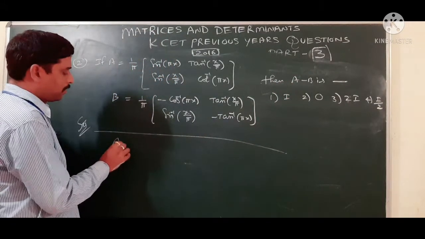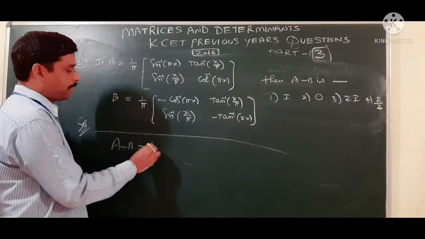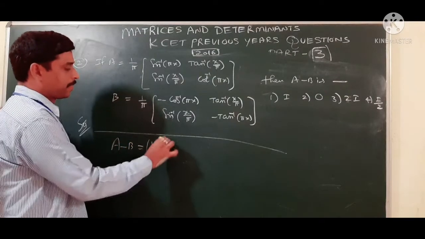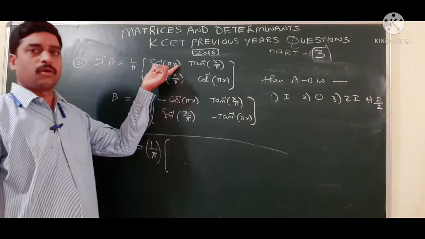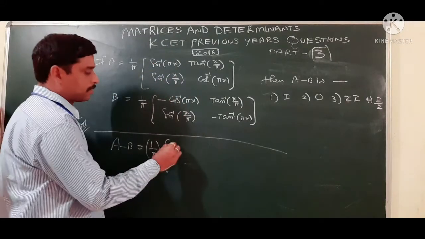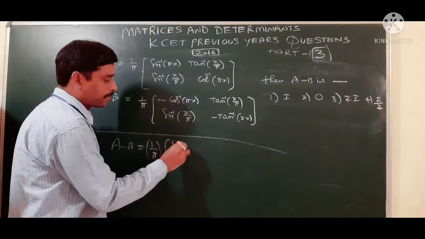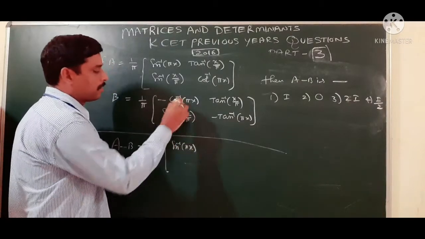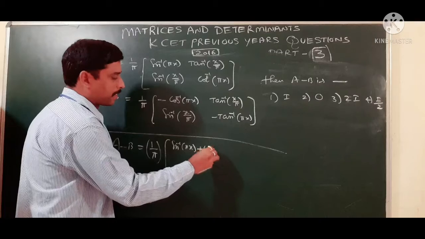A minus B is equal to 1 by pi into sin inverse of pi x minus of minus cos inverse pi x. So sin inverse of pi x, so minus of minus plus cos inverse of pi x.